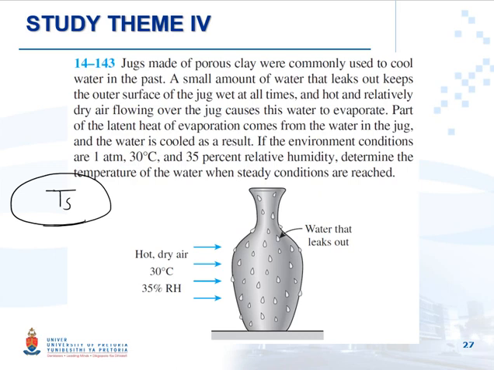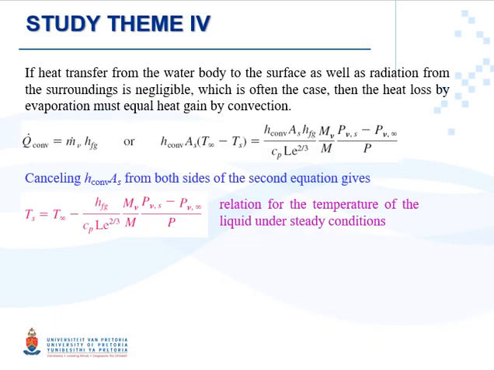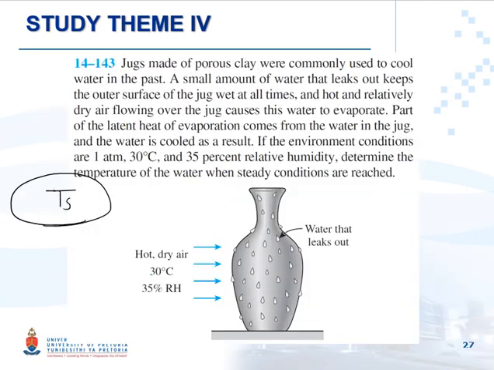Okay, so let's start and see how we can solve it. What do you think should be the first step? Let's start with rearranging the Chilton-Colburn equation. If we rearrange that one, we can find the correlation for Ts.